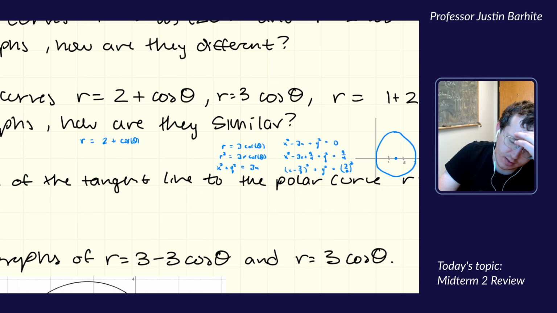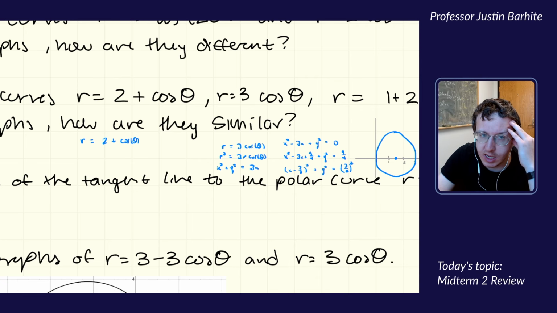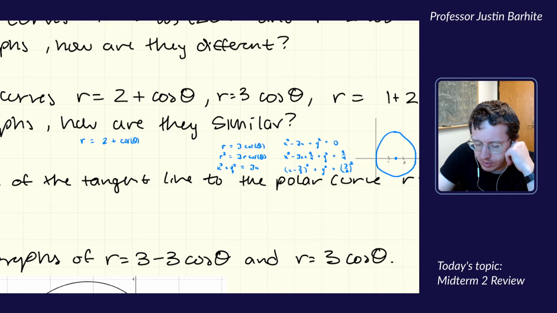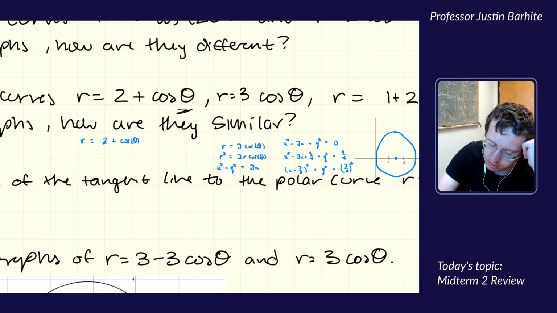Oh, okay. So this 2 plus cosine theta, it's not a circle. It's something a little more complicated. You could sketch it by sort of just thinking about different values of theta, some nice angles, and then sketching them on a graph.